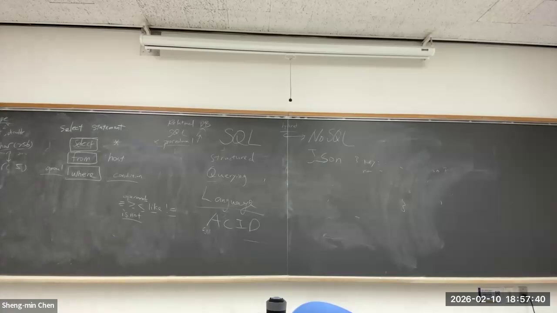Another one: date time. Date time is also slightly different in naming convention within a database. Normally, if you want today's date or today's month, it's something like that.